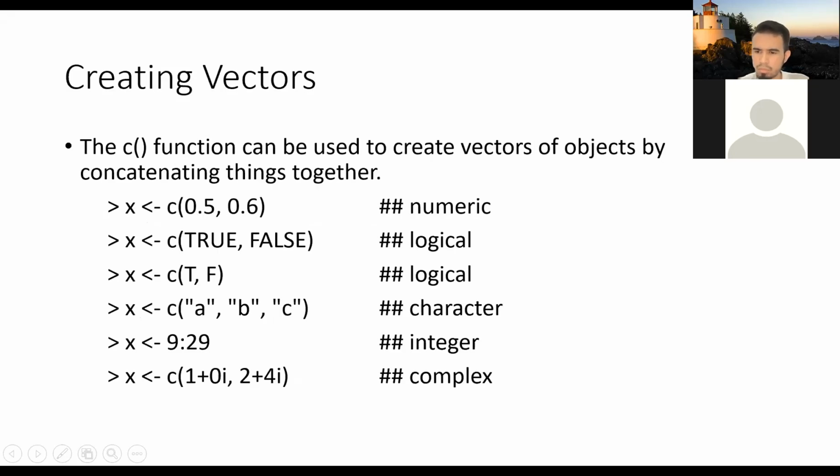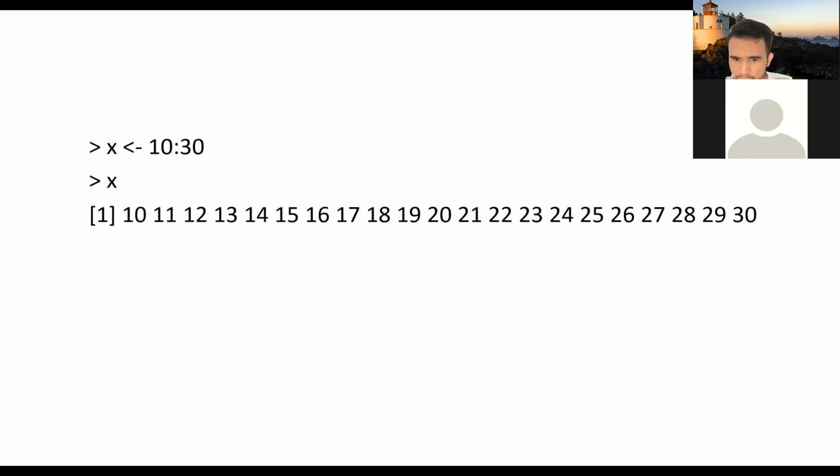Okay, you can continue with this part. You can try to create vector. This is doing the range, giving the vector a range of content, a range of data.